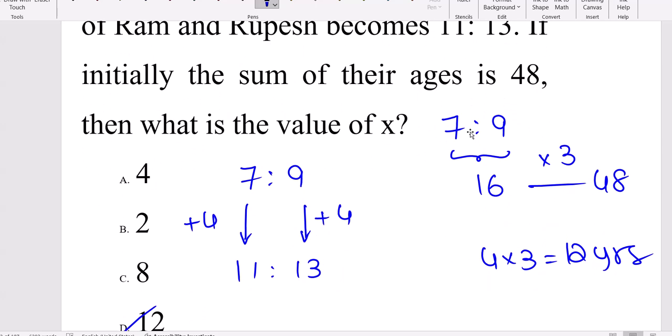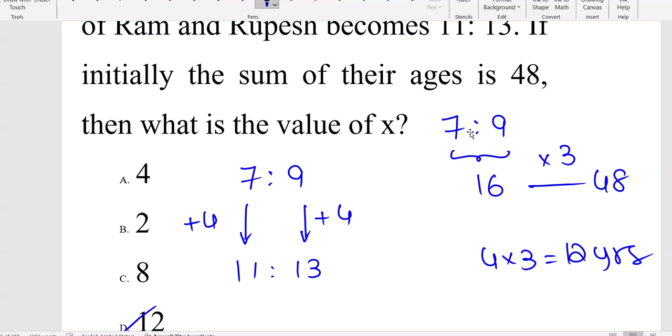So in ratio it is increased by 4, but originally 4 into 3. Why 4 into 3? That's the connection they gave. Present age is 7 and 9, 7 plus 9 is 16. But the sum of the ages they gave as 48, which means the connection is into 3. In ratio, whatever the value, we have to do into 3. Then the original will come. Right.